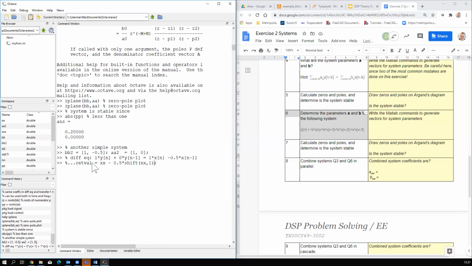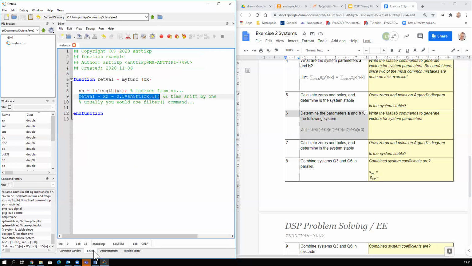Which is simply y of n, oops, not 0, n. Then we have 1 times x of n here, and then we have minus 0.5 times x of n minus 1, which is the shifted x.